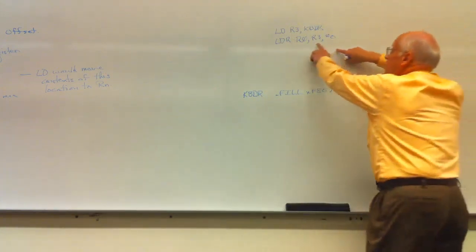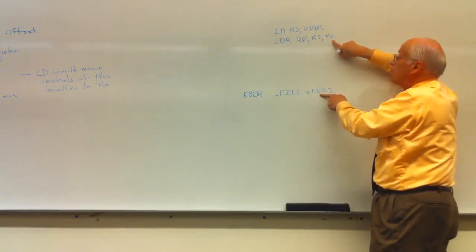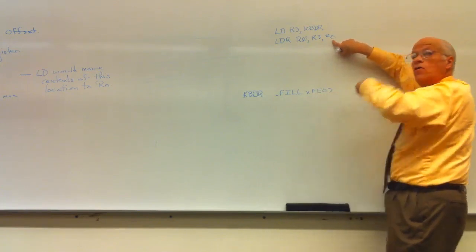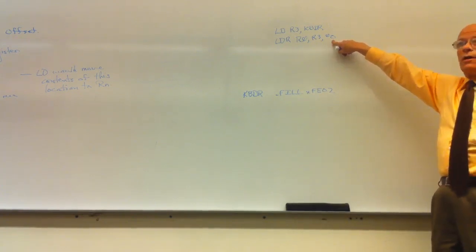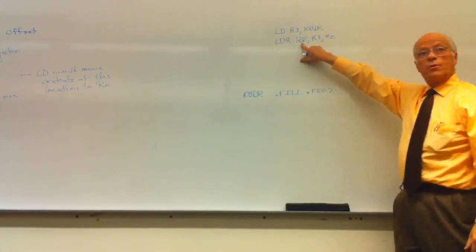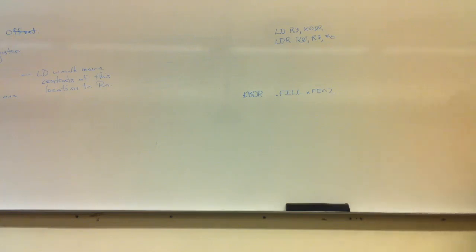Okay, that takes what's in register 3, which is this number, adds a 0 onto it, and then goes to that location in memory, which is way beyond what I can get with an offset, and copies it into register 0. Okay, you see how that works? I'm building an address that's way out of range of what I can do with an offset.